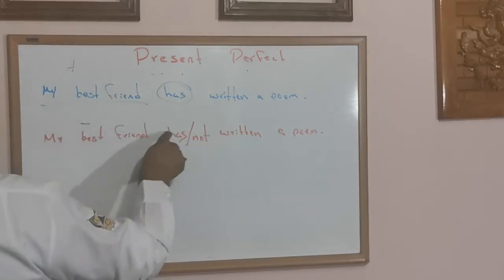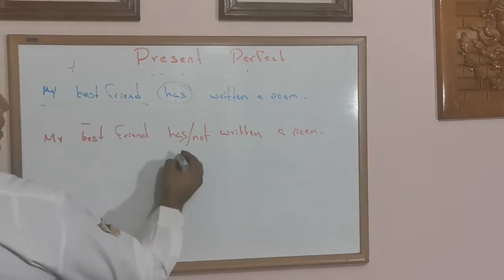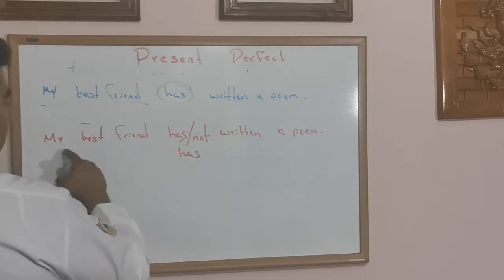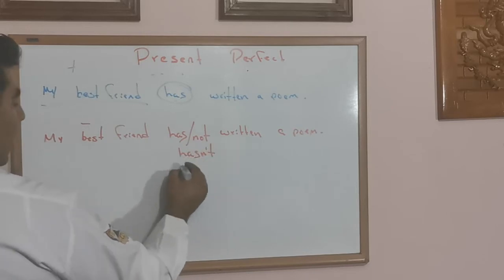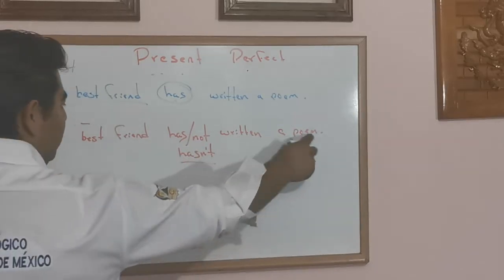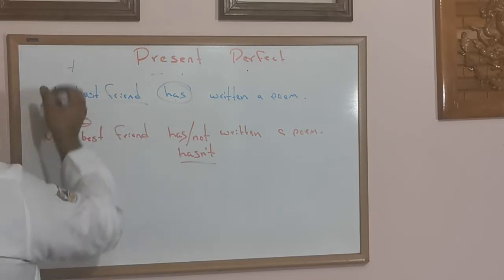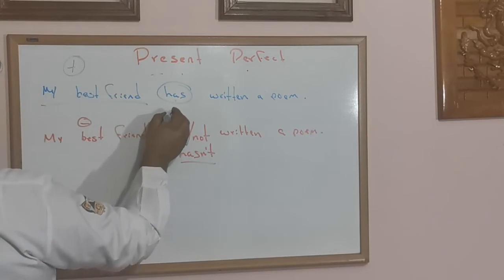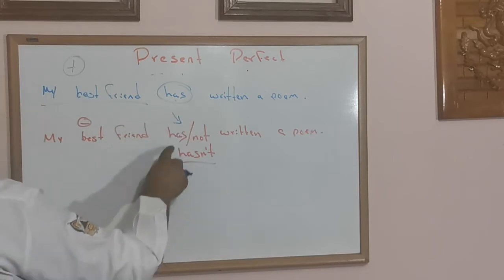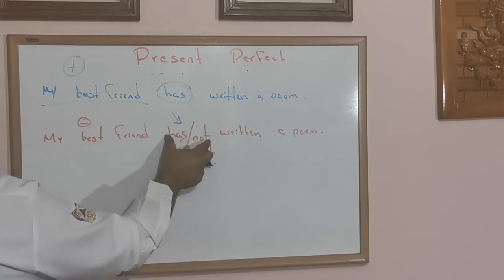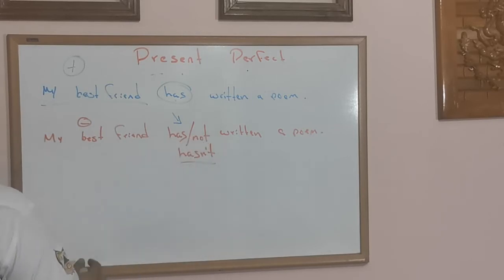My best friend has not written a poem, and it's the same if I use the contraction. My best friend hasn't written a poem. So this is the negative form. The only difference is that you use the auxiliary in the negative form, contracted or not contracted. And that's it.